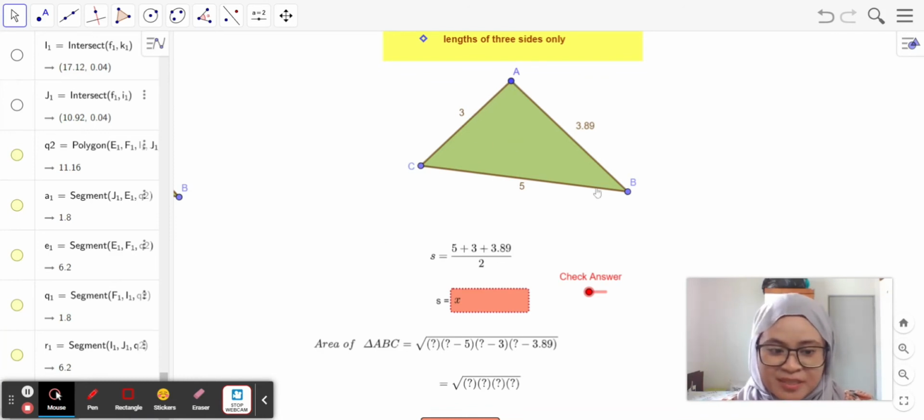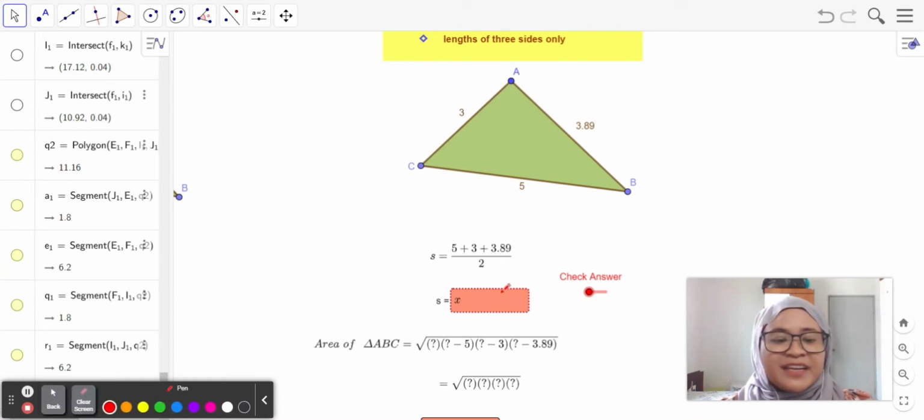Please make sure the triangle given has its own values for the 3 sides, and then find the semi-perimeter, which means you sum up all the values of the sides of the triangle: 5 plus 3 plus 3.89, divided by 2.